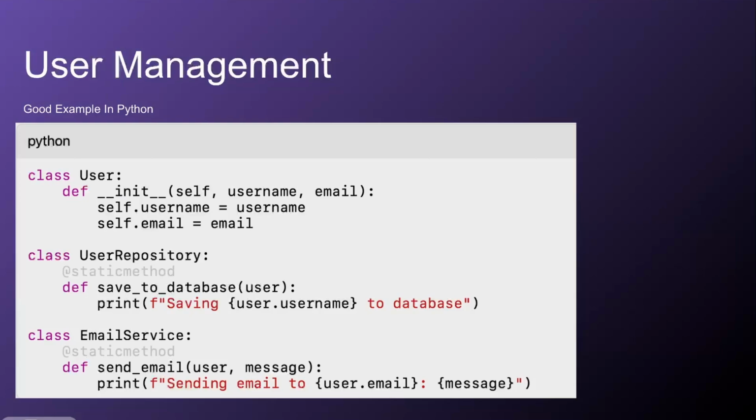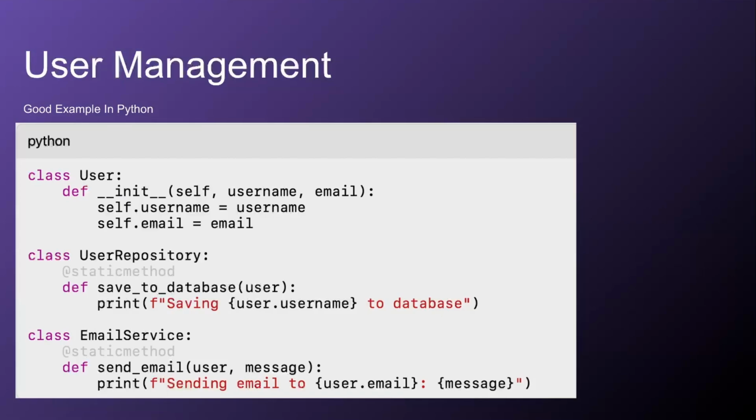It again has a static method, send email. So now if you want to send email, just provide the user object and the message. It will send the message to user.email. No need to make use of self.username. Right now this self.username is totally unrelated to this email service, and it is not going to make use of it.